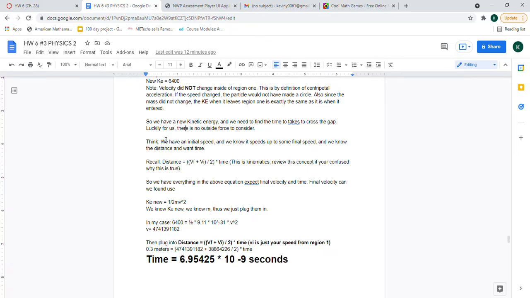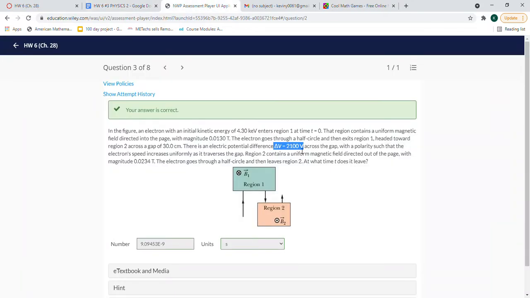It was the speed that was in region 1, because it left region 1 with the same speed, because it's centripetal acceleration, its speed doesn't change. We know it speeds up to some final speed. We're literally told that, but even if you weren't told that, you would know that. Speed increases uniformly. This is pretty important, but you probably already know it's uniform.